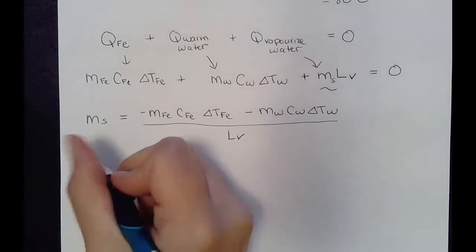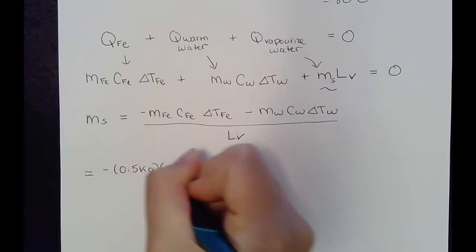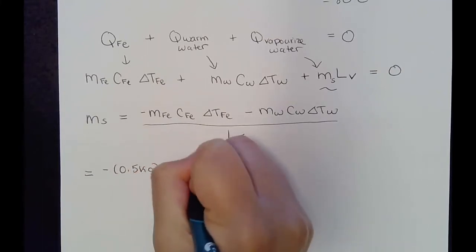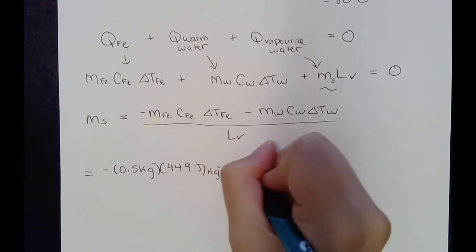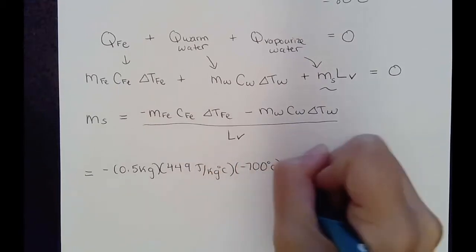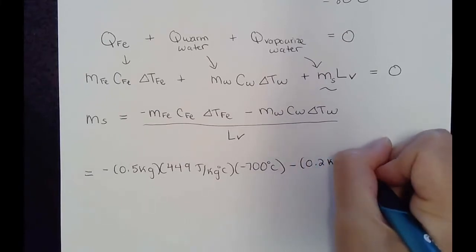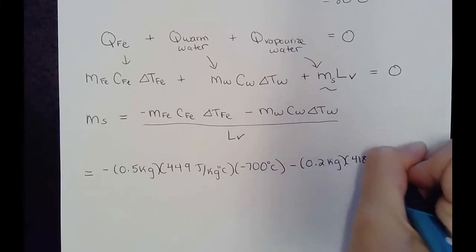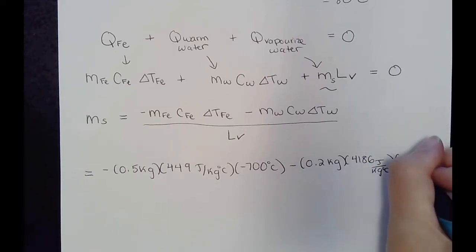I have negative 0.5 kilograms times 449 joules per kilogram degrees Celsius times negative 700 degrees minus 0.2 kilograms, 4,186, and 80 degrees.